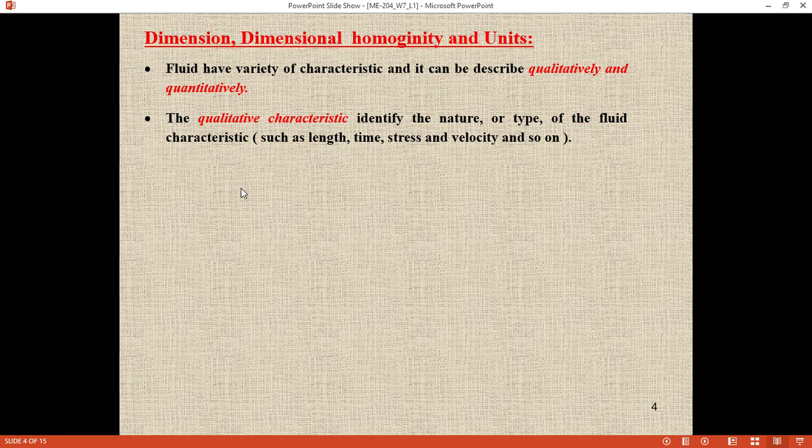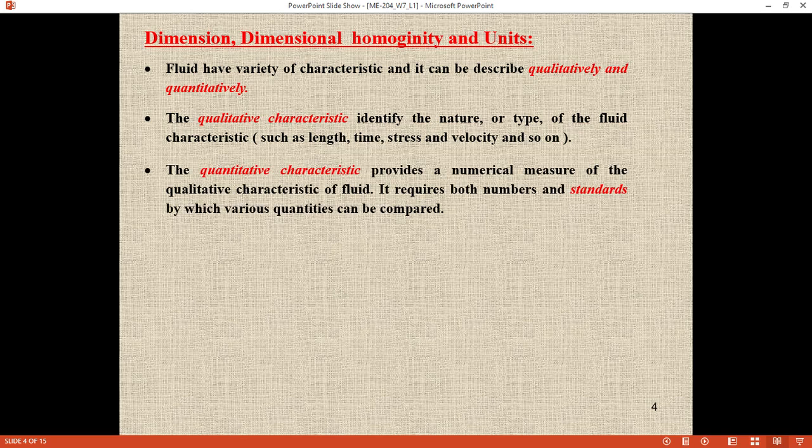So what are the quantitative characteristics? The quantitative characteristics provide numerical measures of the qualitative characteristics of fluids. They require both numbers and standards by which various quantities can be compared.